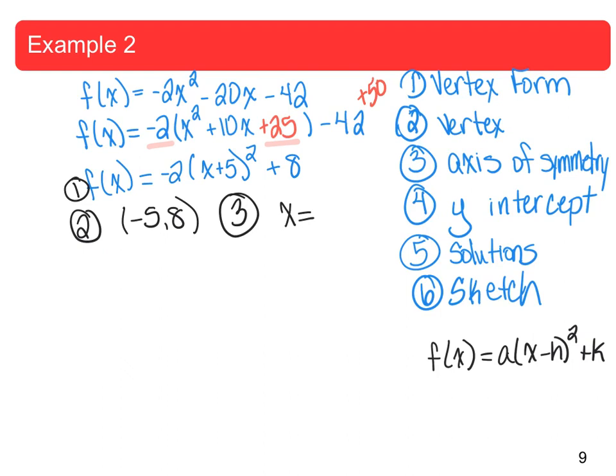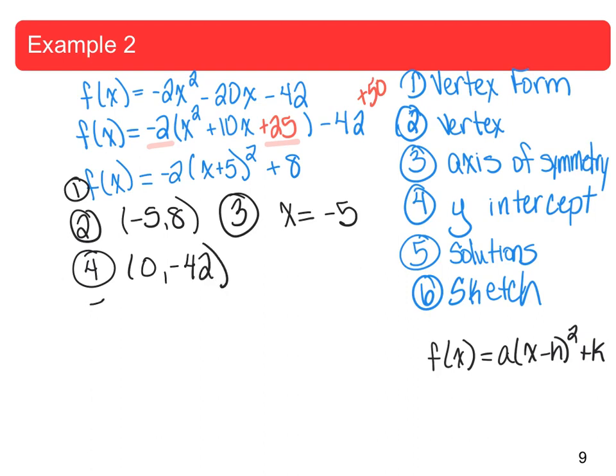Okay, so your axis of symmetry is x equals -5. Okay, can I identify my y-intercept? What's my y-intercept? Yes, very good, -42. And so it would be 0, -42.